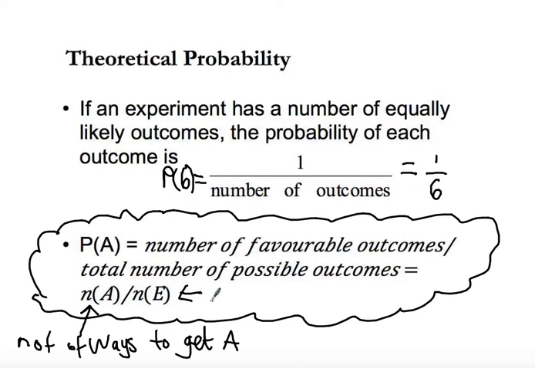So this is the number of all possible outcomes. Okay, so just a little bit of A-level notation there to get you used to.